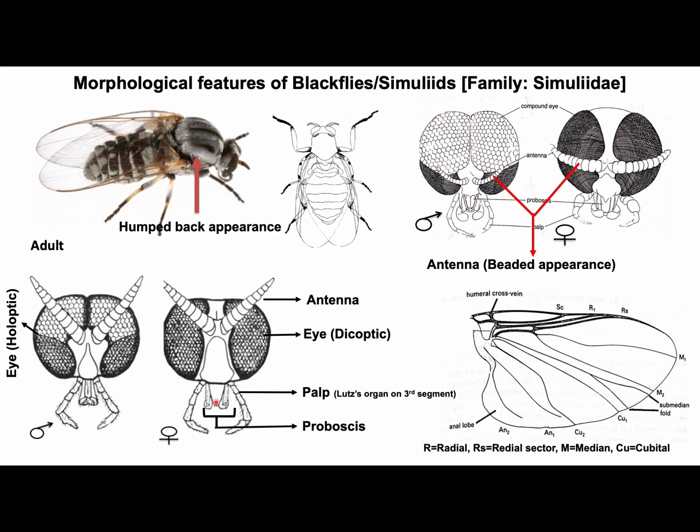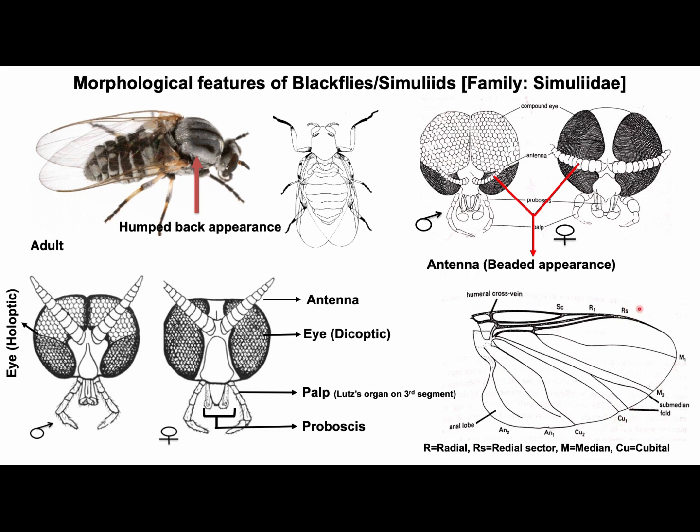Wings of blackflies are colorless, that is transparent, around 1.5 to 6 mm in length. Each wing is short and broad, with a large anal lobe. Radial, medial, and cubital veins are well developed.